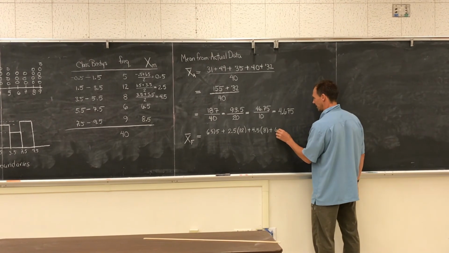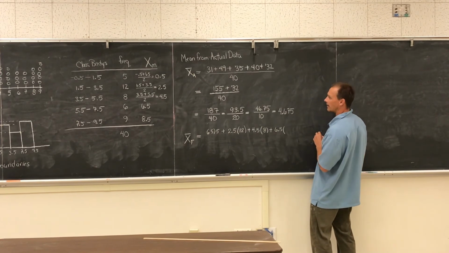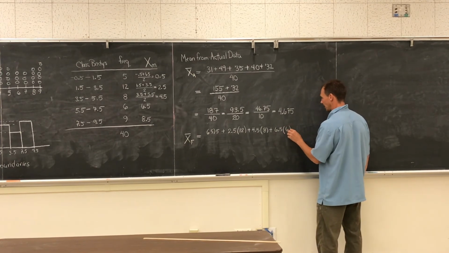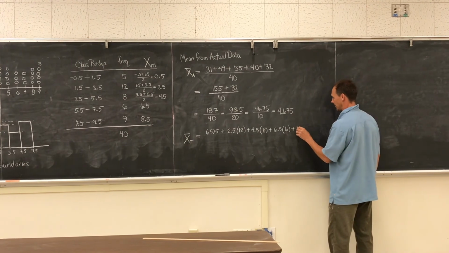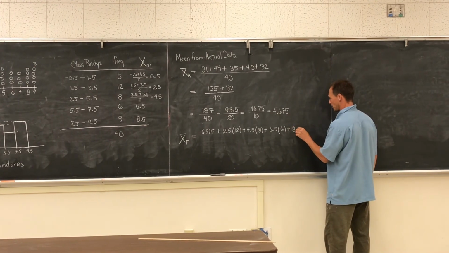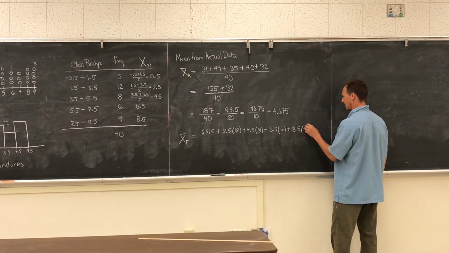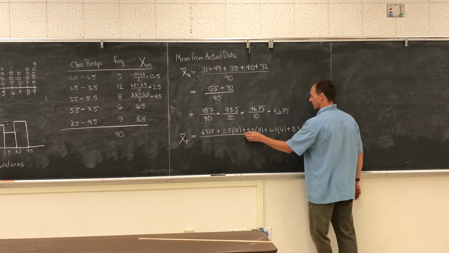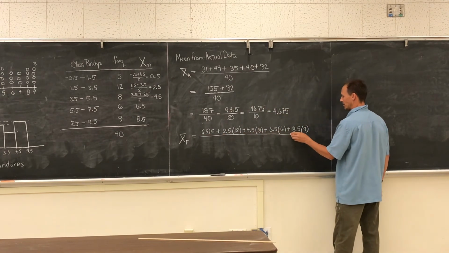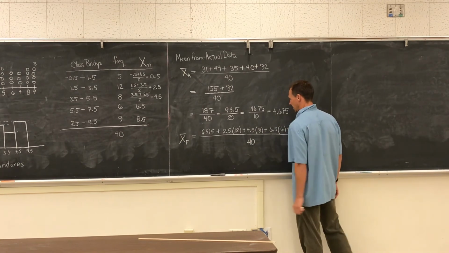That's my next data values, and I have 6 of those. Plus, my next ones are 8.5s, and I have 9 of those. Now, we're going to take all of that, add it up just like you would expect, and divide by 40.